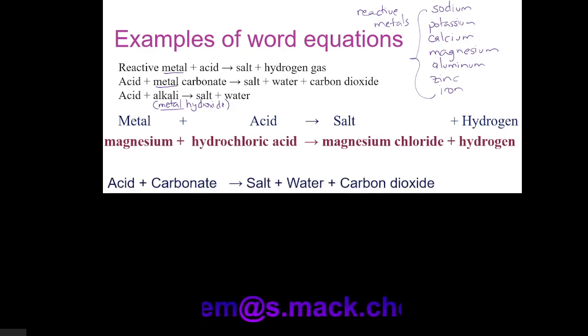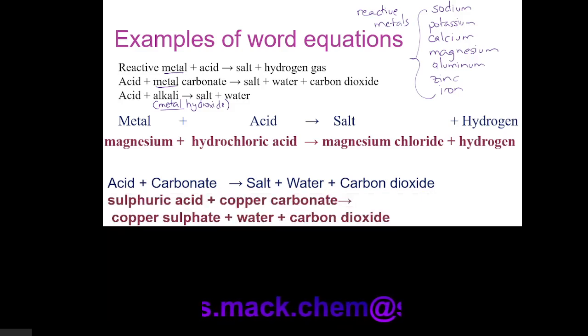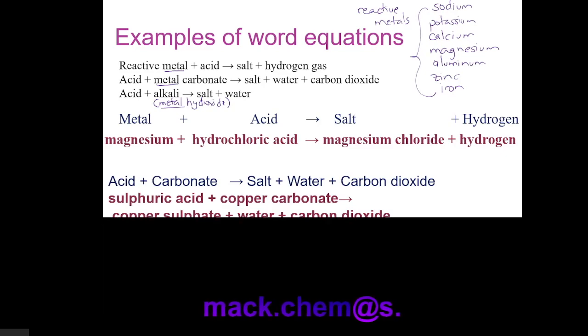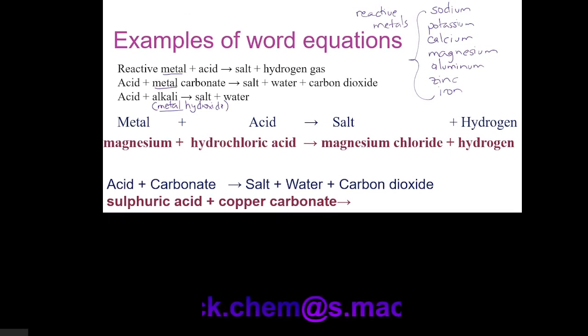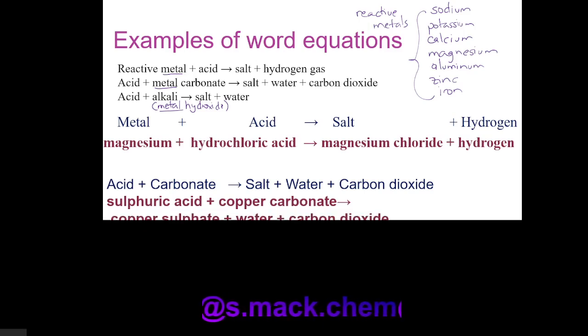Another example, which is one which shows an acid reacting with a metal carbonate. If we have sulfuric acid and copper carbonate, the salt to be formed will be one in which the first name comes from the metal in metal carbonate, where that metal is copper, and the surname of the salt comes from sulfuric acid, where sulfuric acid forms a sulfate.